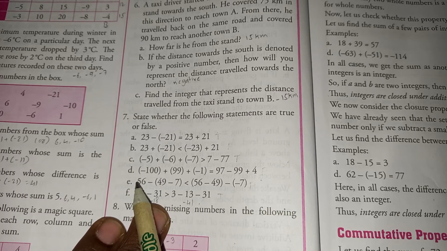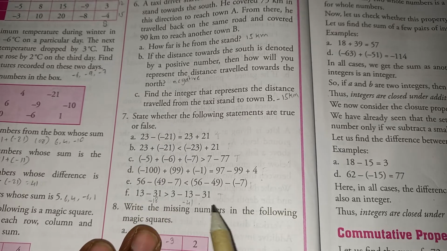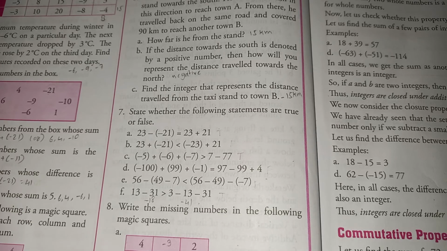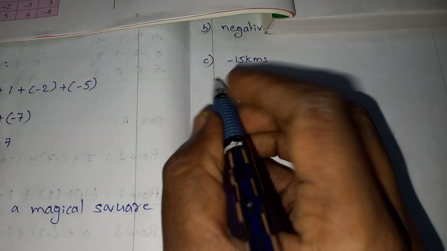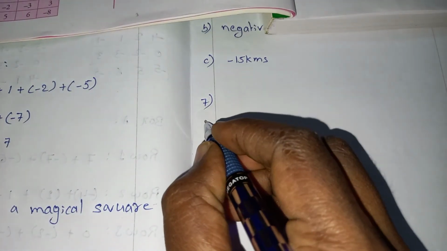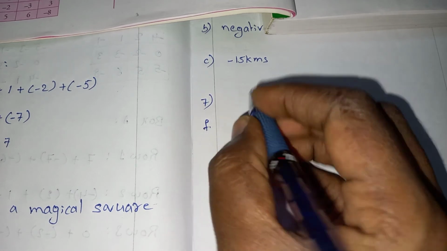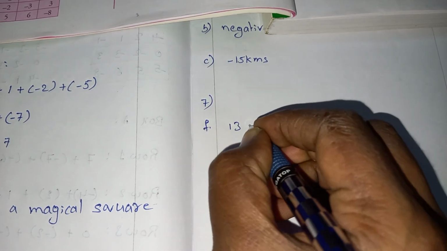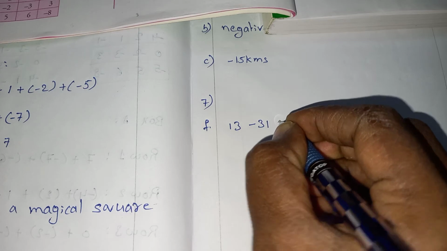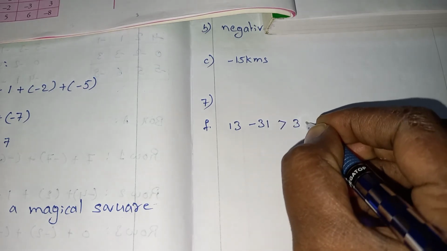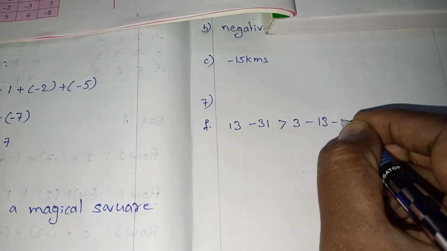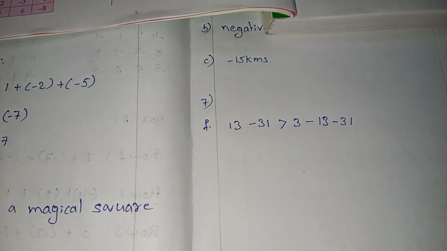From A to E you have to do on your own. Now I will teach only the 6th one, F. 7th F. What's the question? 13 minus 31 greater than 3 minus 13 minus 31. Okay.